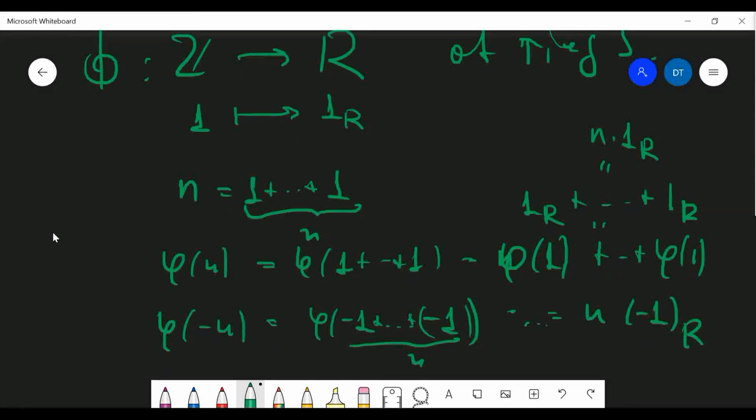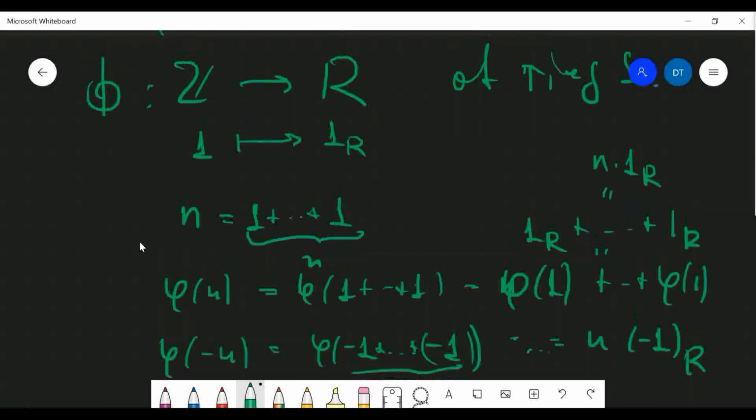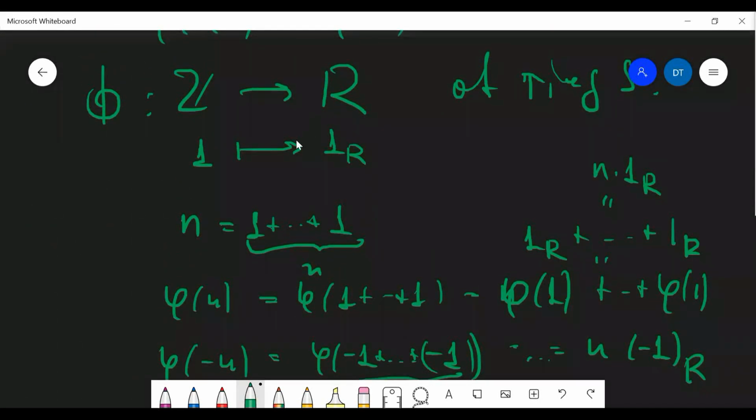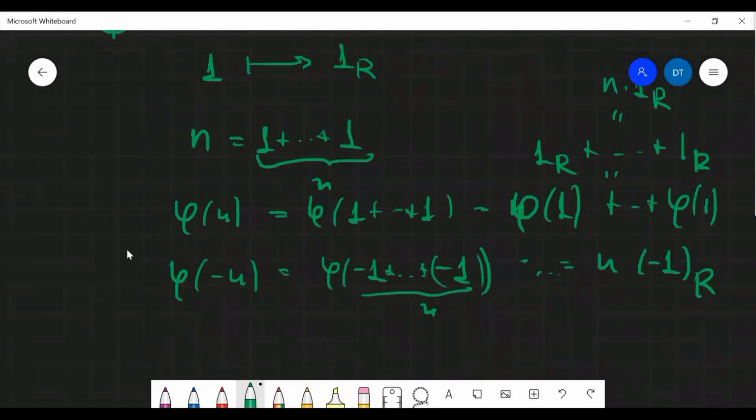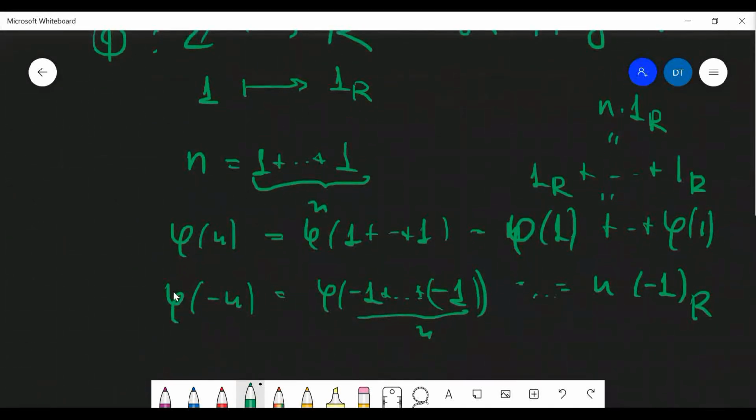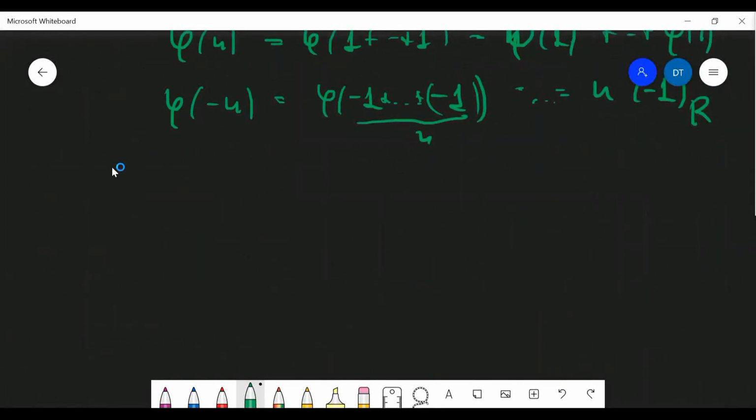So, what has happened here? If phi is a homomorphism, then the image of each element of Z is uniquely determined. Element n must go to n times 1_R. So as you can see, the only option for a homomorphism of rings is this: n must go to n times 1_R.